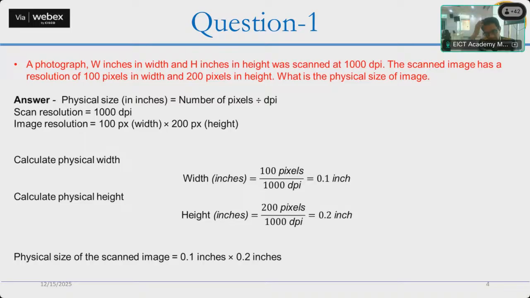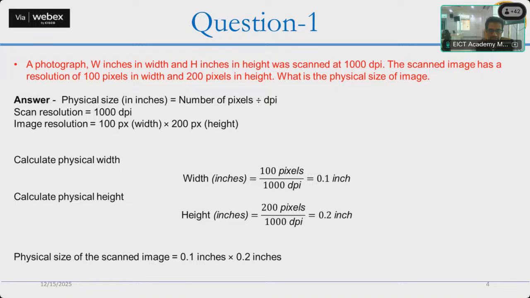I repeat it again. Here the width and height are given in terms of pixels, and as it is a two-dimensional image, we are able to calculate the total number of pixels.